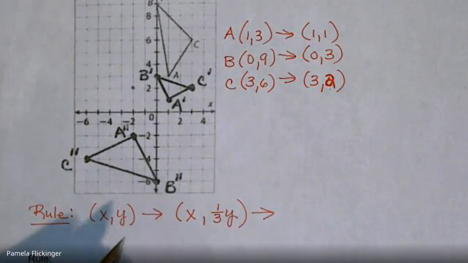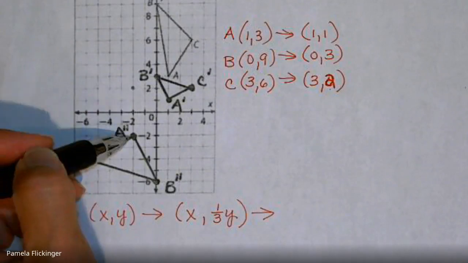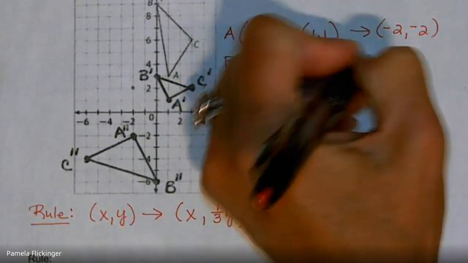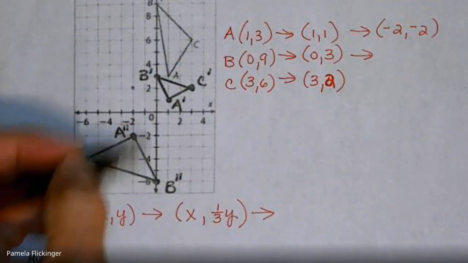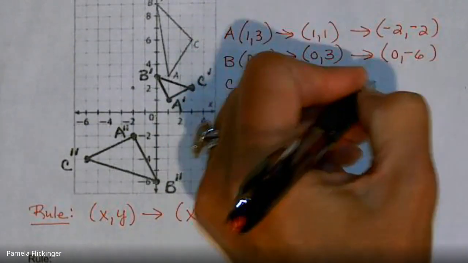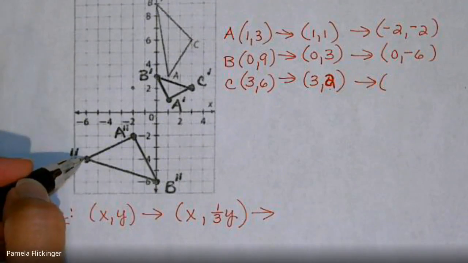All right, now let's go to our double primes. So A double prime is -2, -2. B double prime is 0, -6. And C double prime, let's get it right this time, is -6, -4.